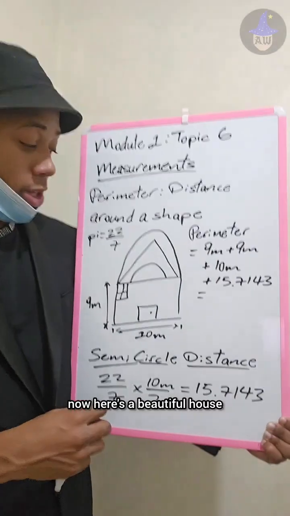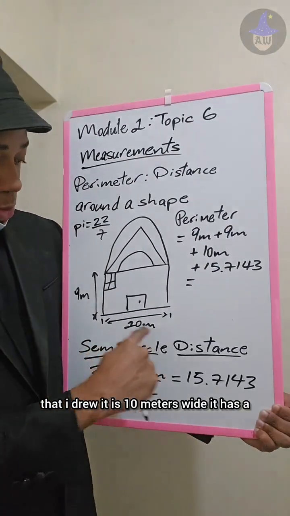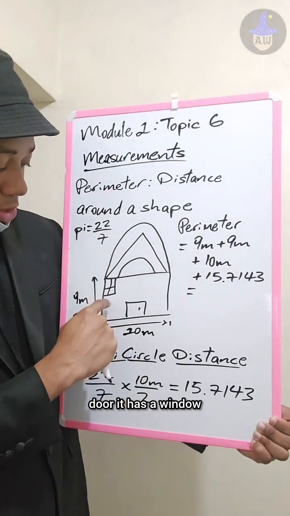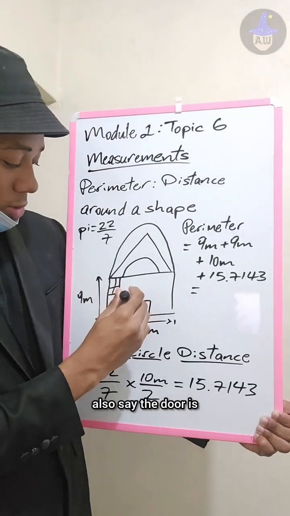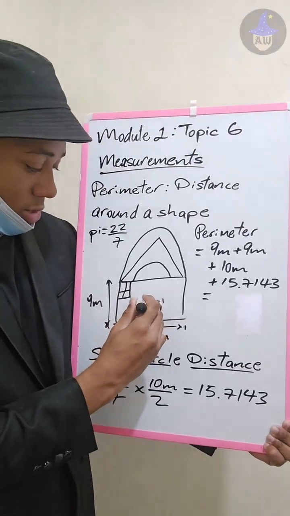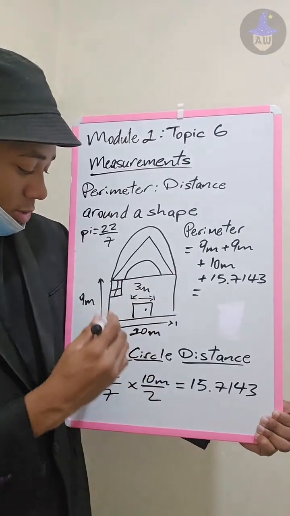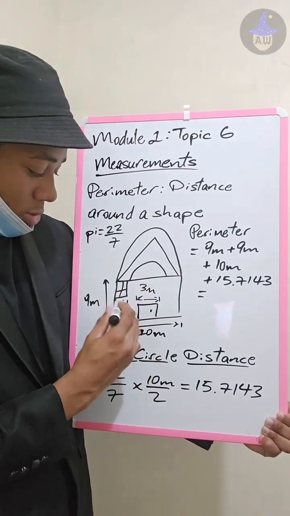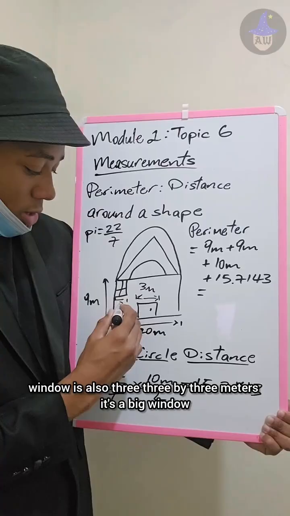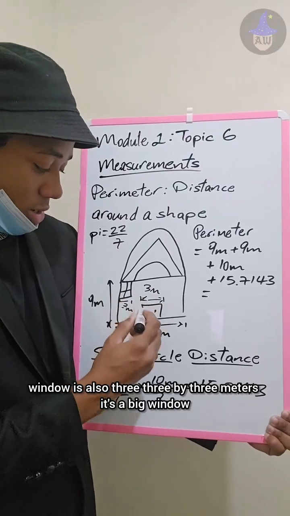Here's a beautiful house that I drew. It is 10 meters wide, it has a door, it has a window. Also, say the door is like 3 meters, I don't know. The window is also 3 by 3 meters. It's a big window.